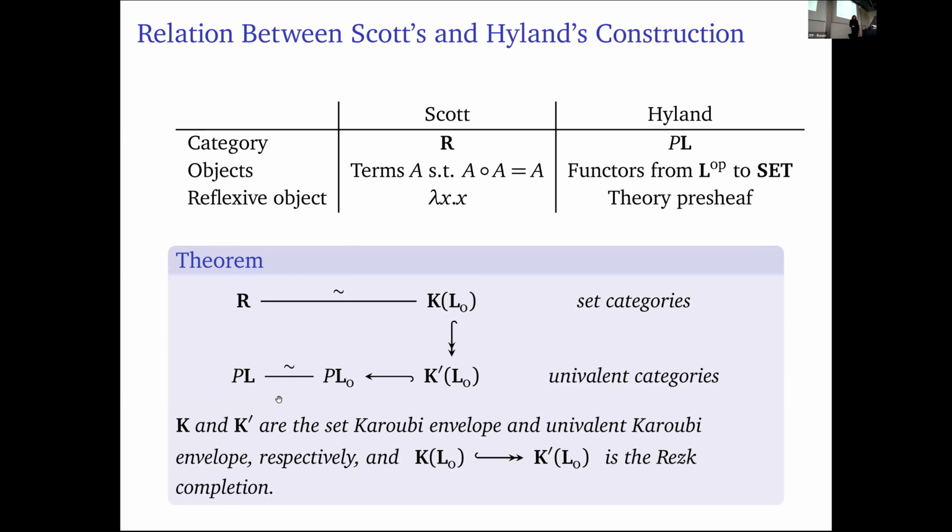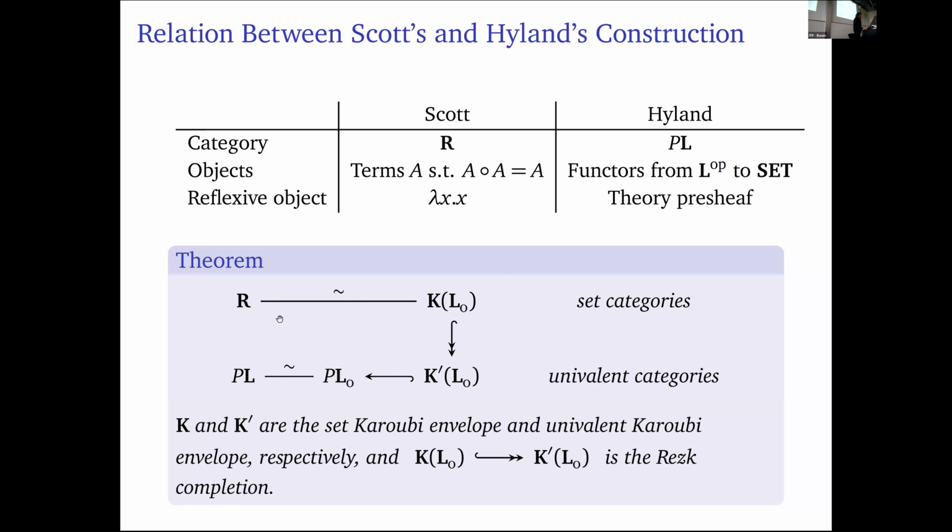So in this table, I have summarized again the two constructions. And our result is summarized here in this theorem, that is supposed to relate Scott's construction and Hyland's construction. So how do I read this diagram?